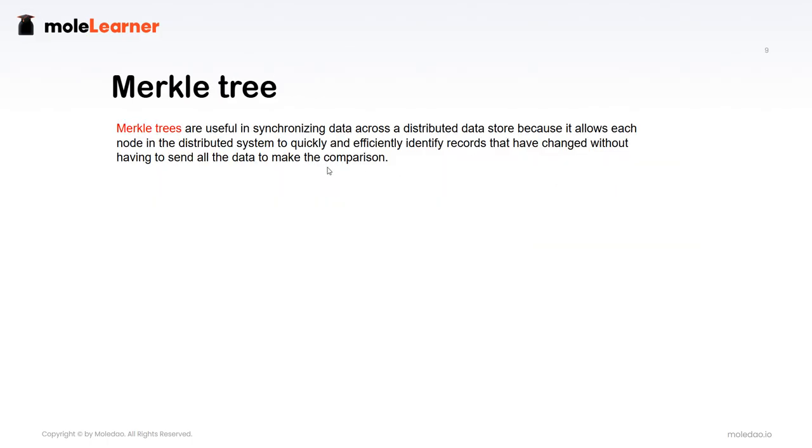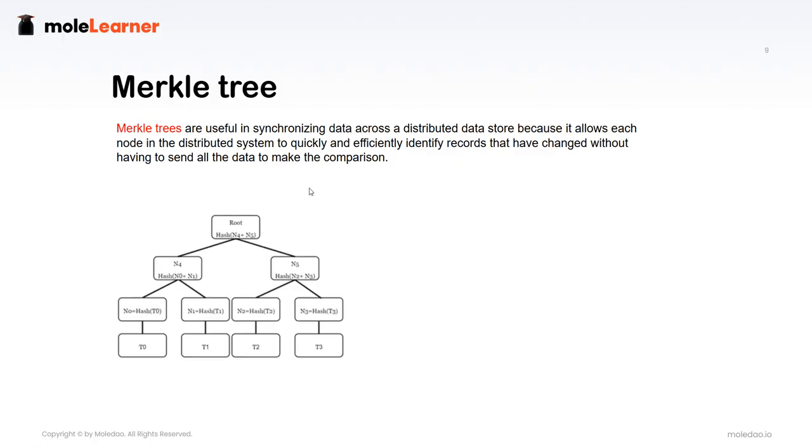What is the Merkle tree? The Merkle tree is used to synchronize data across the distributed ledger store, because it allows each node in the distributed system to quickly and efficiently identify the data. Before this one, we need to know what a hash is. A hash algorithm is a one-way and irretrievable encryption algorithm.